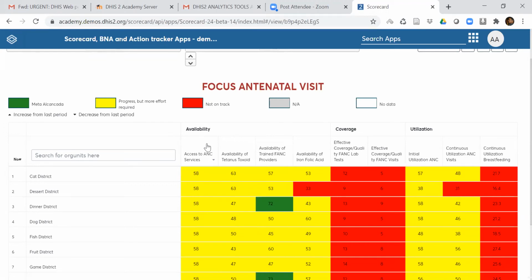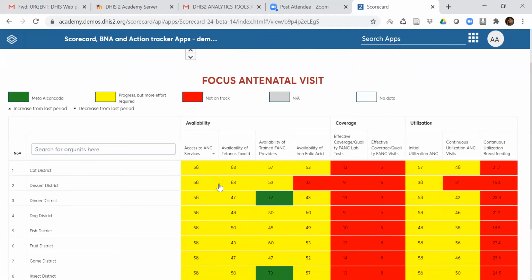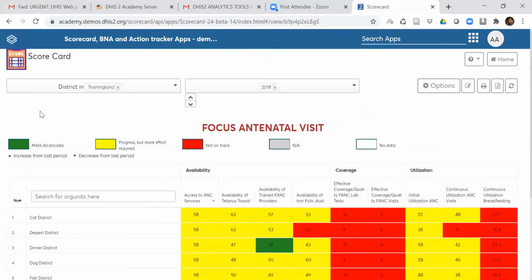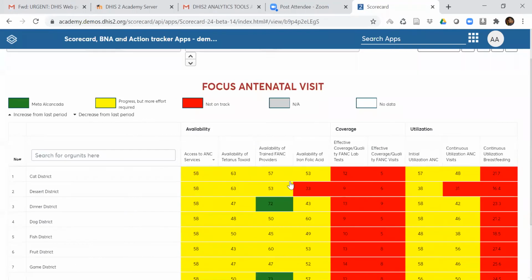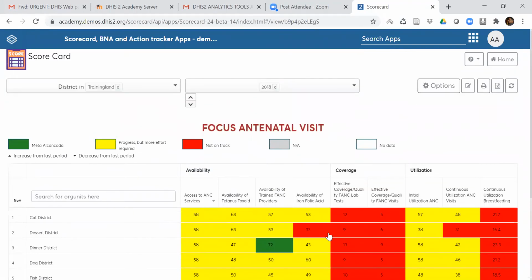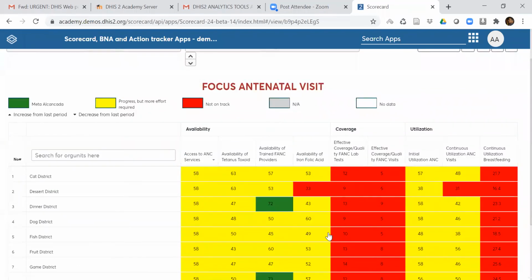The other thing is in terms of period. In terms of period, you can drill down or else you can explore, but the functionality is a little limited. Please note that this is for 2018. I have populated my scorecard with data for 2018.